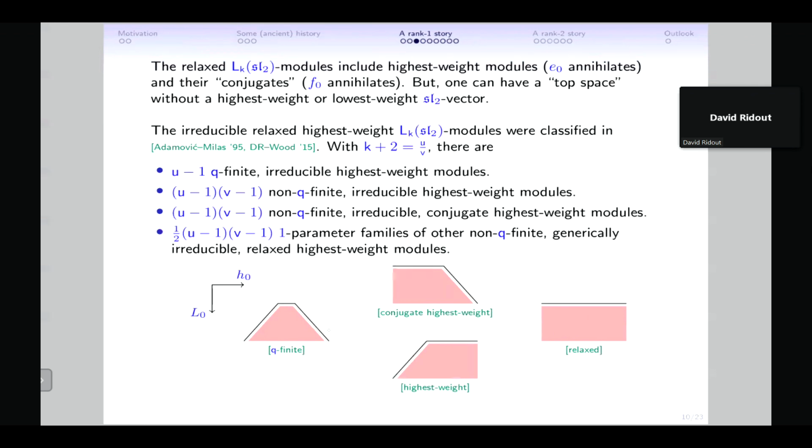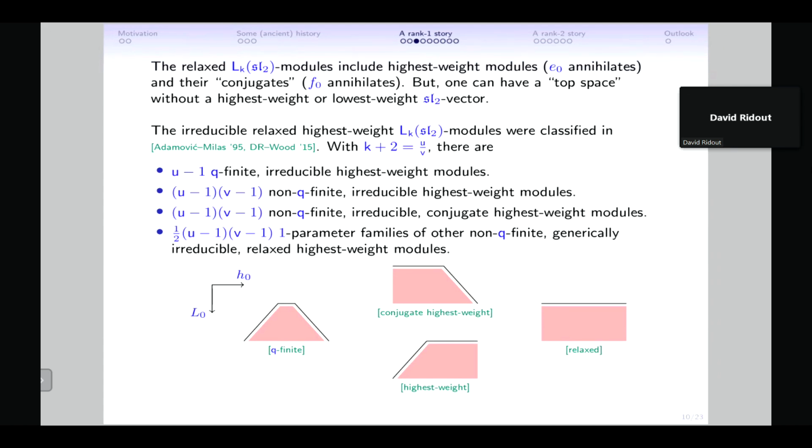In fact, it's a self-conjugate representation. In particular, you see my L0 eigenvalue is increasing as I'm going down. So you can think of this as being induced from a finite dimensional representation of SL2. This one should be an infinite dimensional highest weight SL2 rep, then induced. And this is induced from an infinite dimensional lowest weight representation.